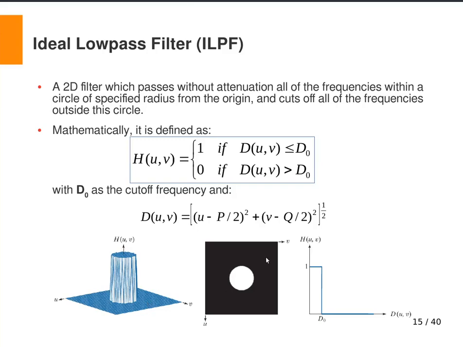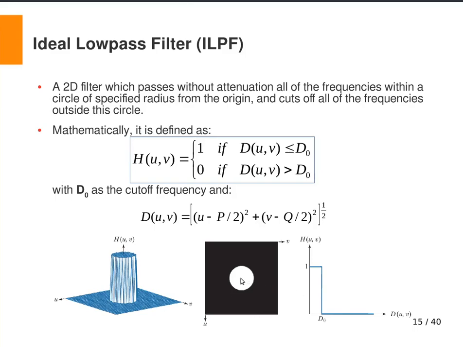This is a top view version of this filter. As you can see, whatever is inside the circle is going to be with a value 1, here shown as white, and any region outside is shown with a value 0 or black. And this is a one-dimensional profile of this image.